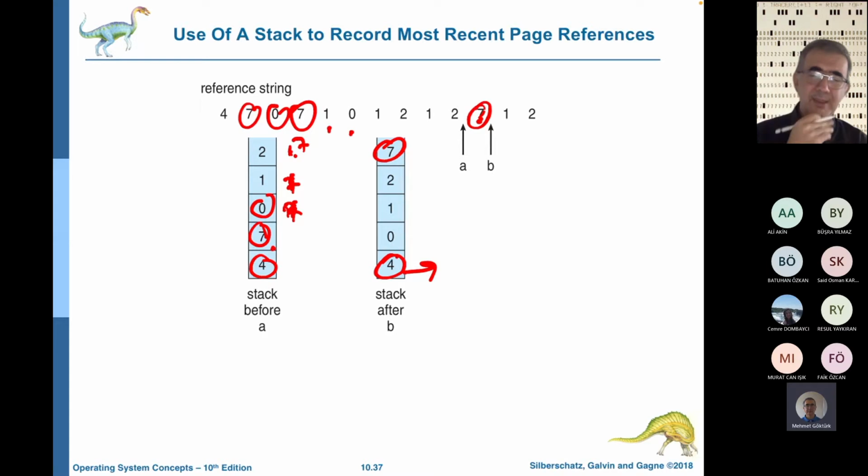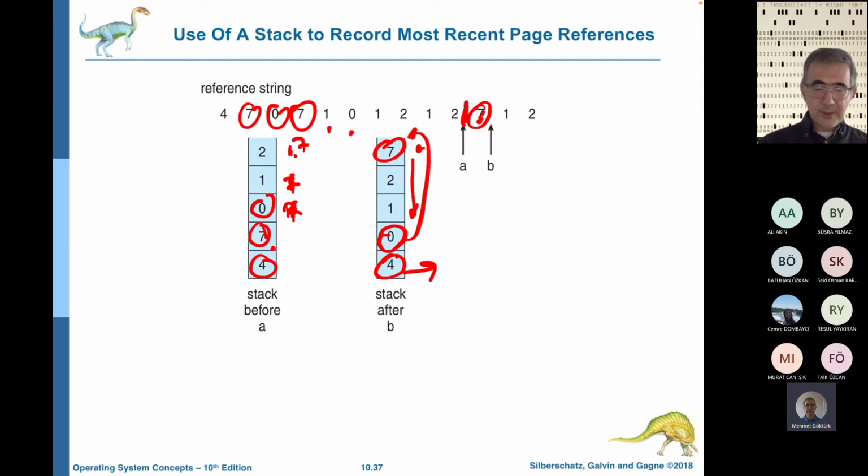So most recently referenced pages are put on top. For example, when I reference 0 here, again, I put 0 at the top and move these down.